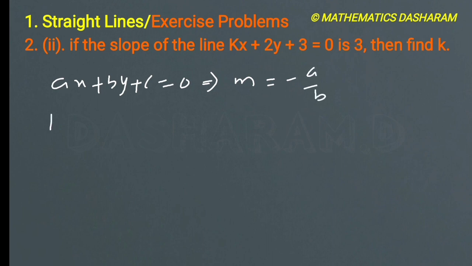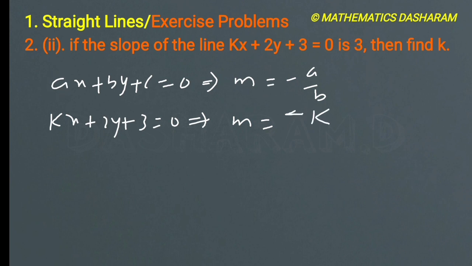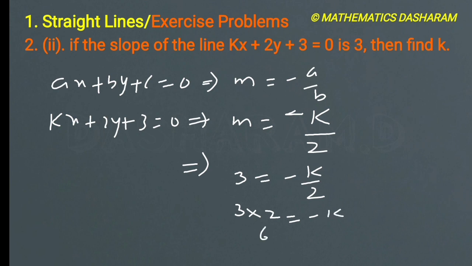Here also kx + 2y + 3 = 0, so the slope is -a by b. The x coefficient is a, so -k, and the y coefficient is b, so 2. But as per the question the slope is 3, so 3 = -k divided by 2. So 3 into 2 is -k, 6 equals -k, and finally k equals -6.